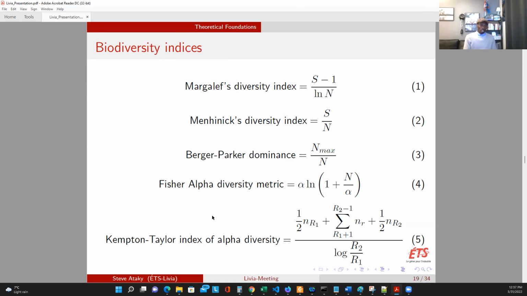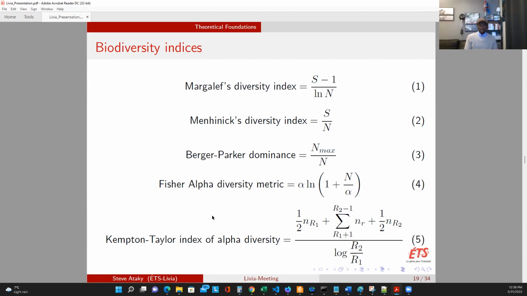The diversity indices that we have used can be cataloged into three classes: homogeneity indices, information theory indices, and equitability indices.